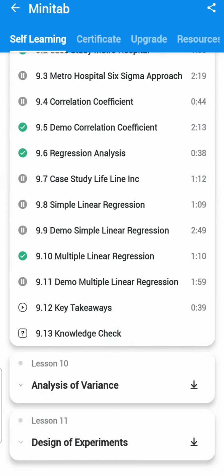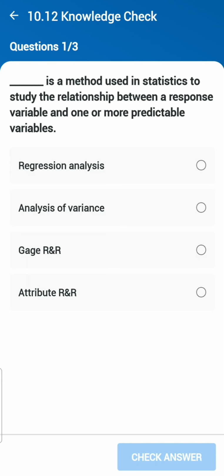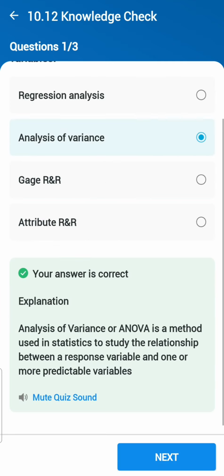Let's go for the tenth chapter. What is the method used in statistics to study the relationship between a response variable and one or more predictor variables? Analysis of variance we can study.